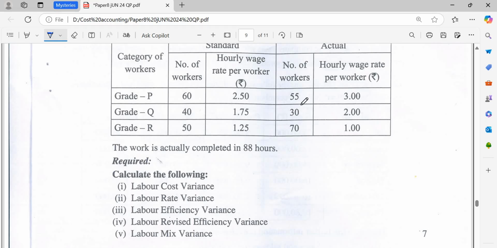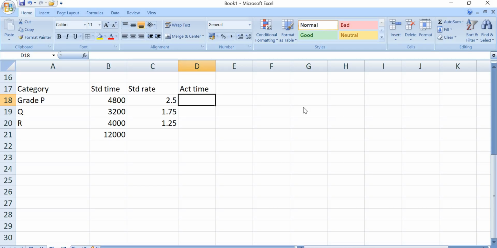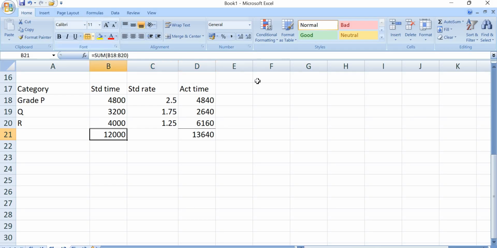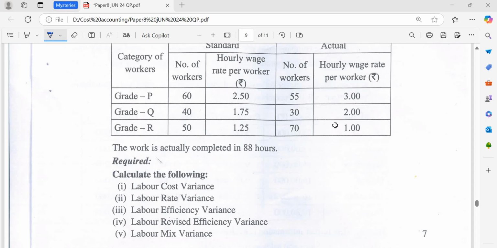So 55 into 88, 30 into 88, and 70 workers, finally, into 88. So total actual time is 13,640. Actual rate now. So actual rate 3, 2, 1.